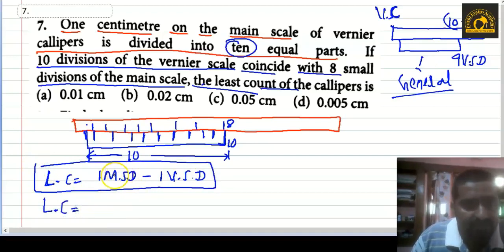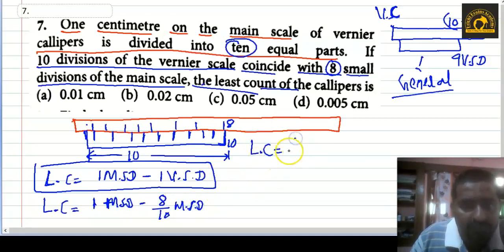Main scale division, 8 small divisions, so 1 MSD minus 8 by 10 MSD. Then the least count is equal to 10 minus 8 divided by 10. So the least count is 2 by 10.